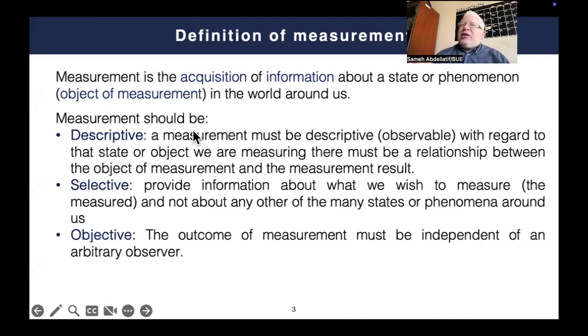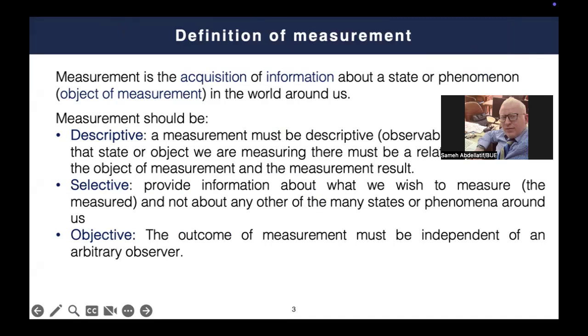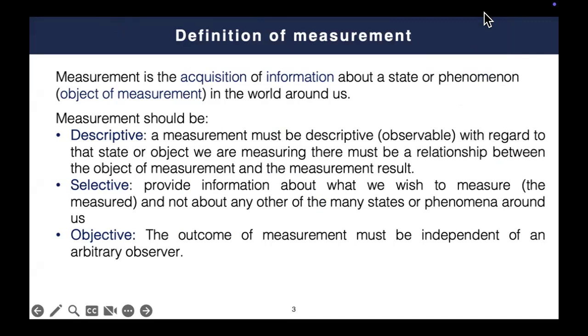What are the characteristics of a measurement? Here you can find 3 main characteristics that should be associated with any measurement. The measurement should be descriptive, selective, and objective. So what are these 3 characteristics?